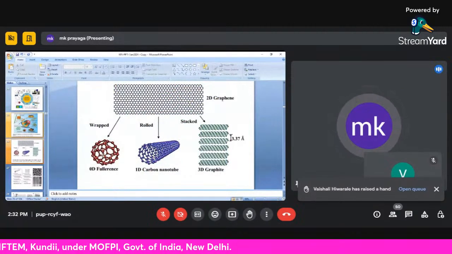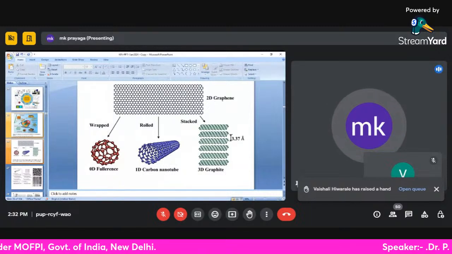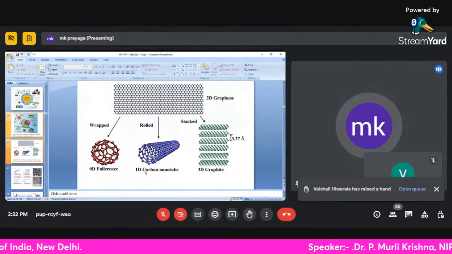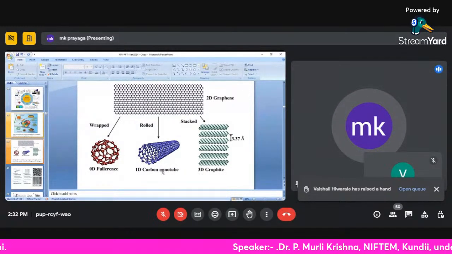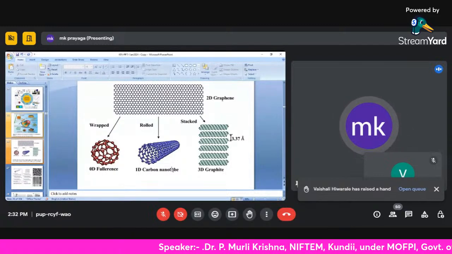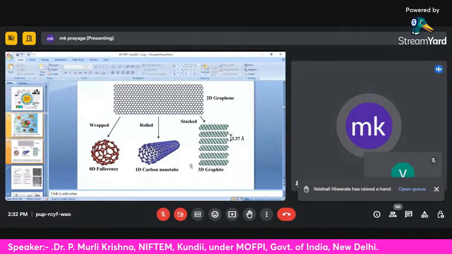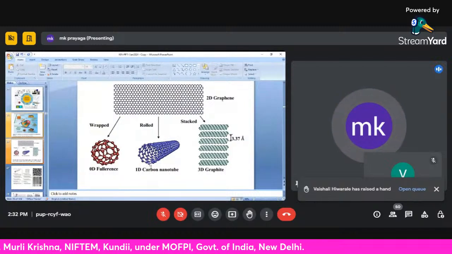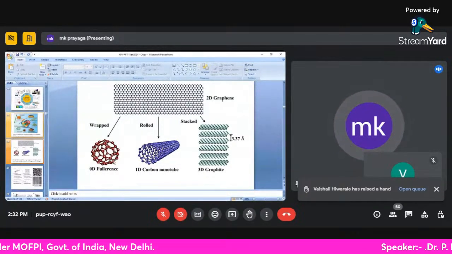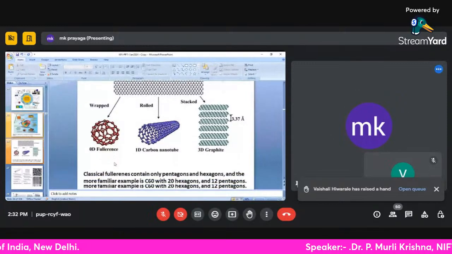And of course, carbon materials as well as fullerene and carbon nanotubes, we are finding very huge applications in composite material development. So this is the three-dimensional one, which is the graphite structure, and this is the one-dimensional carbon nanotube, which is rolled, this honeycomb structure, and this is the fullerene structure.